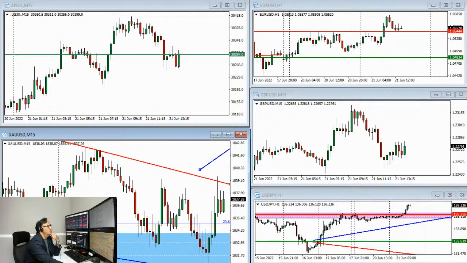Crude futures are looking to push higher as well. Gold was steady near 1837. Bitcoin rose back above 21,000, so that's a big one that everybody's talking about.